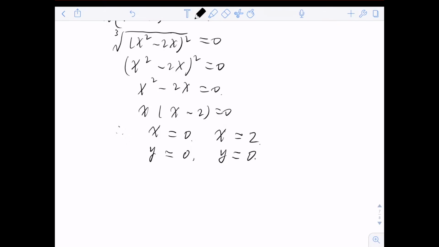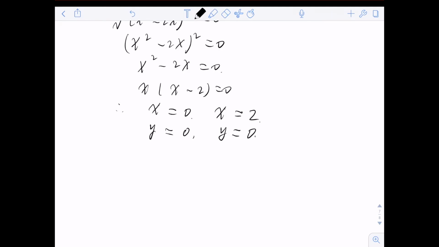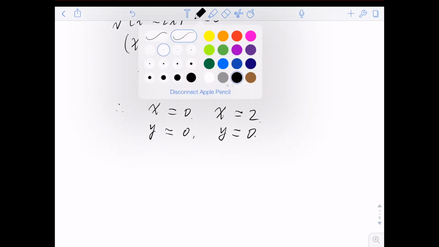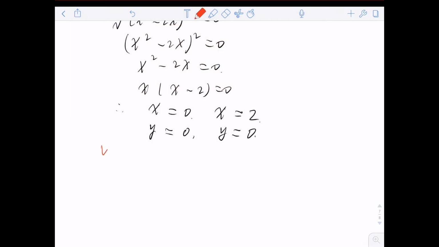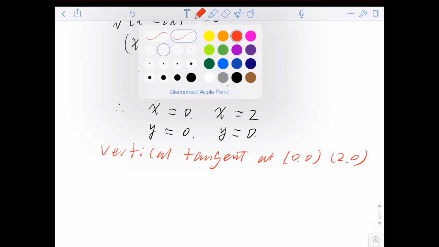So actually, I have 2 points with vertical tangent, at (0, 0) and (2, 0). Right. Okay, so I get everything ready now.